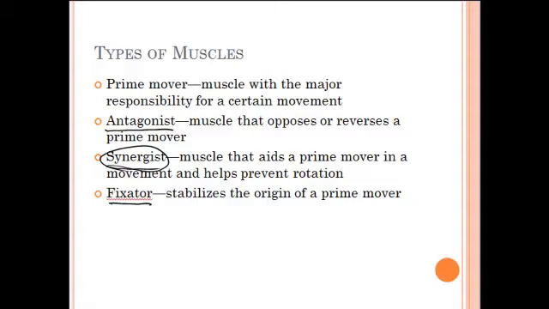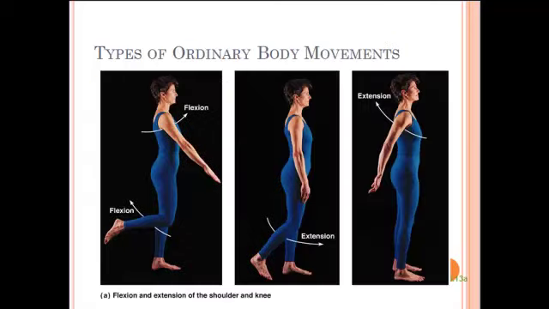Now we want to look at some different types of muscle movements. Here's the first few. When we move, we have names for the movements that are done, so everybody knows what you're talking about. Whenever you say these words, they have a certain meaning. So first of all, we have what's called flexion. Flexion is a movement that decreases the angle of a joint.